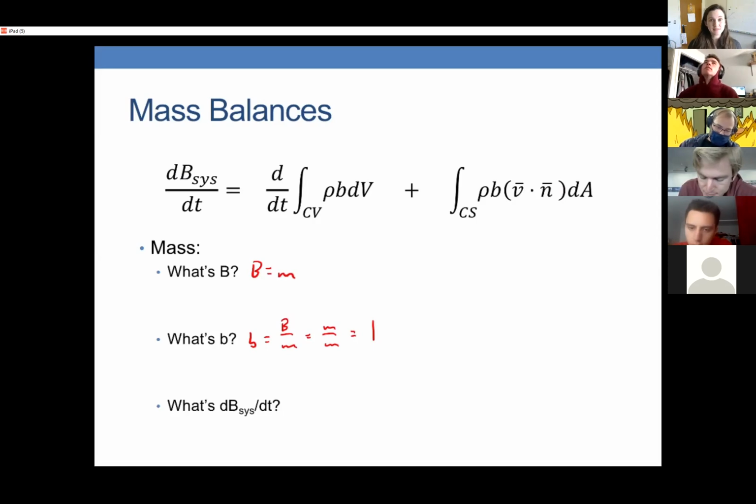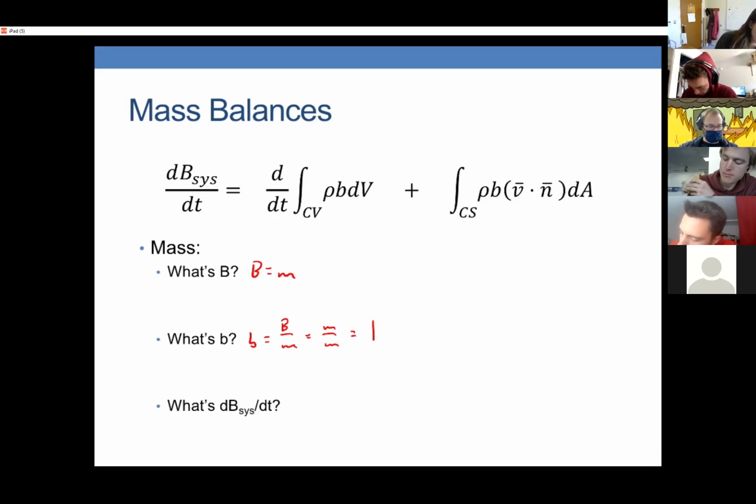Yep, it's because mass isn't created or destroyed. Again, if we were nuclear engineers, maybe we'd deal with that. But for us, mass is neither created nor destroyed. So the system is a certain amount of mass, and that certain amount of mass is just going to stay constant because mass is conserved.